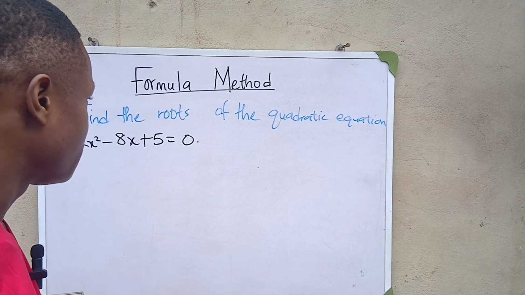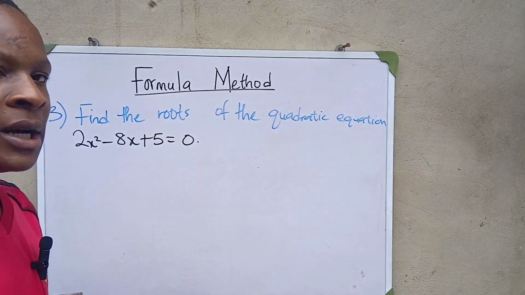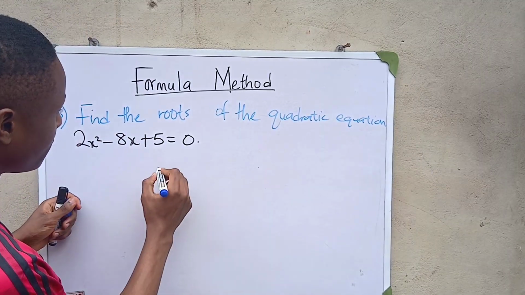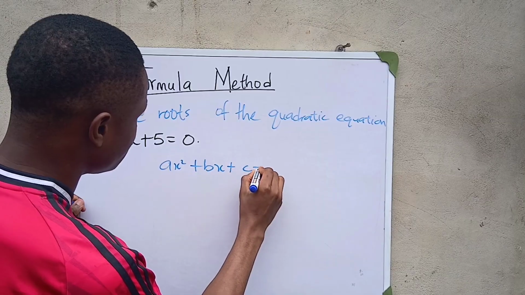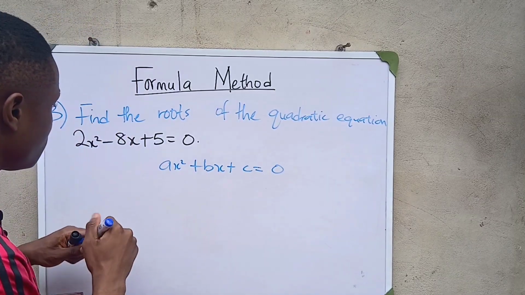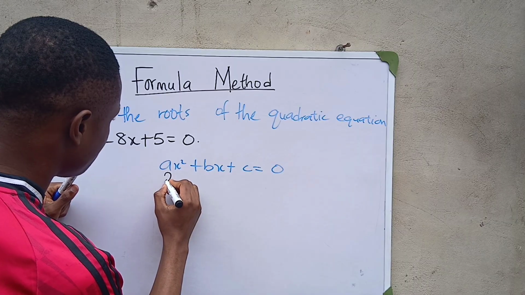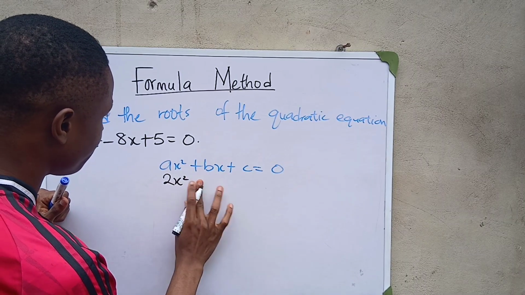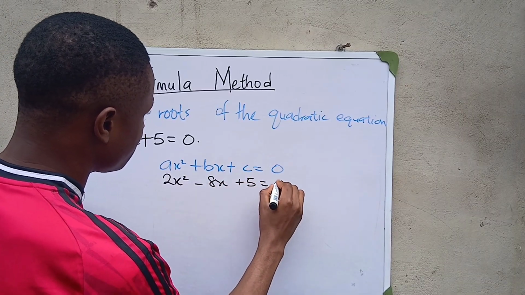We have another example. Find the roots of the quadratic equation 2x squared minus 8x plus 5. So writing our general form, which is ax squared plus bx plus c is equal to 0. So our quadratic equation, which is 2x squared minus 8x plus 5 is equal to 0.